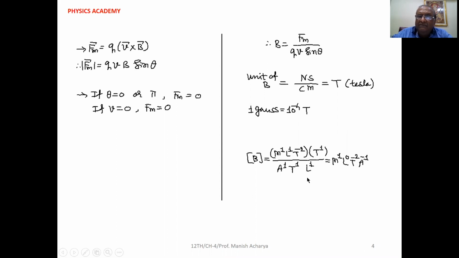For Coulomb, means for charge Q, A1 T1. And for meter, you can write L1. So this T1, T1 cancelled. This L1, L1 cancelled. So finally you will get M1 L0 T minus 2 A minus 1. That is the dimensional formula of magnetic field B. Clear?